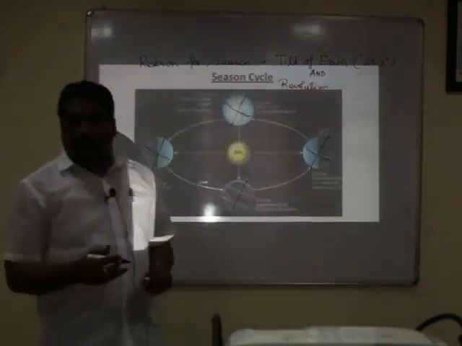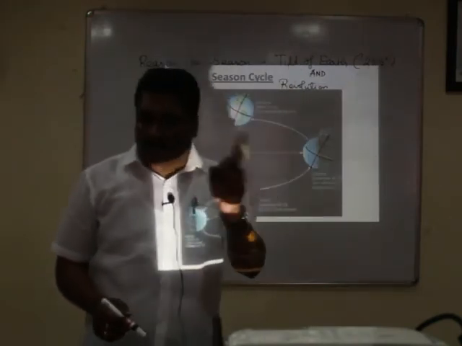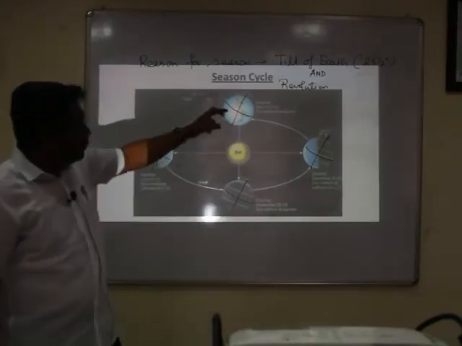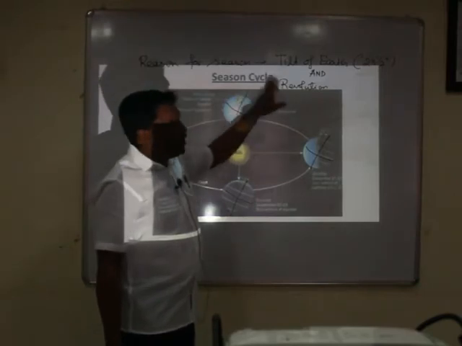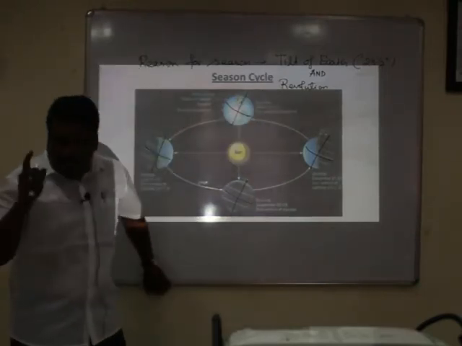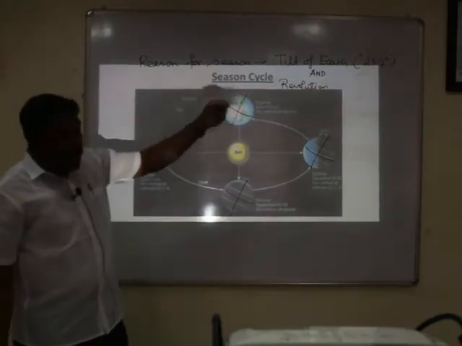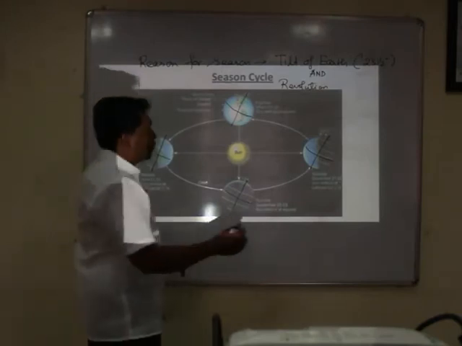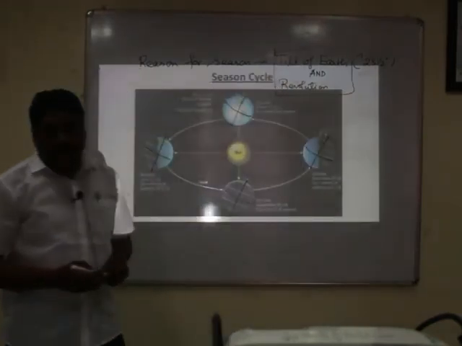If Earth is not revolving, summer will not become winter. Only if it is revolving. Just because it is revolving, I am having a cycle. Both facts are very important, so in examination both have to be taken. Tilt of the Earth and the revolution. It is not 'or', it is 'and', which means both together should be taken. Very important: what is the reason for season? It is the tilt of Earth and revolution.